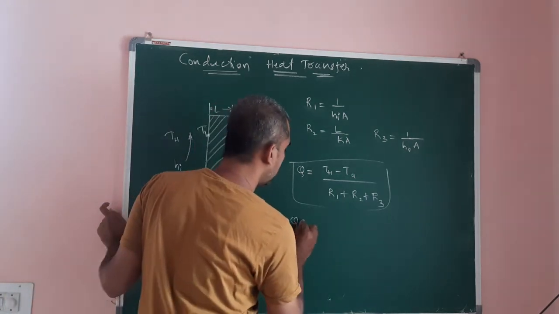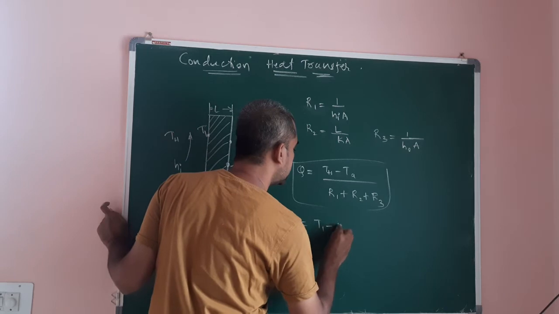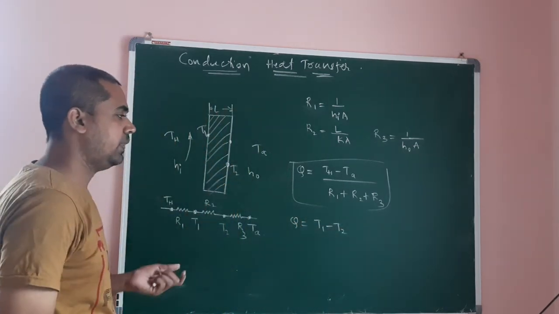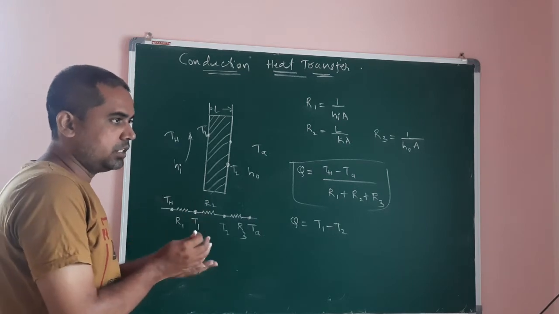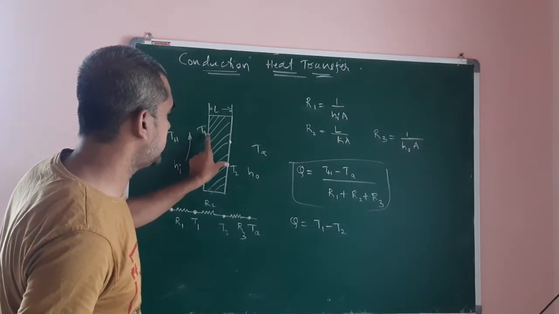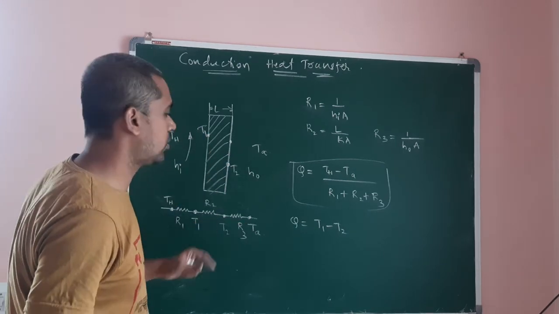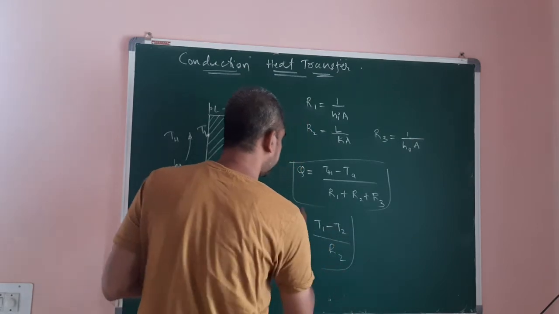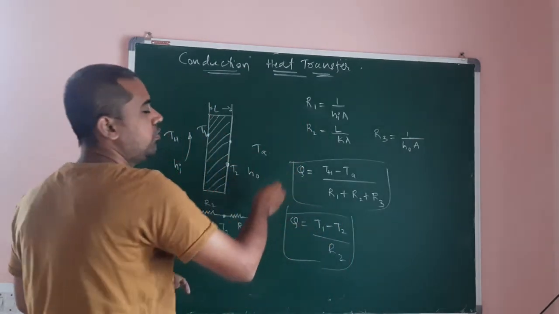Q is equal to T1 minus T2, and if you take only these two temperatures, then you have to take the thermal resistance between those two temperatures. The thermal resistance between T1 and T2 is only R2. Therefore, you can write it as R2. This Q and Q will be the same.